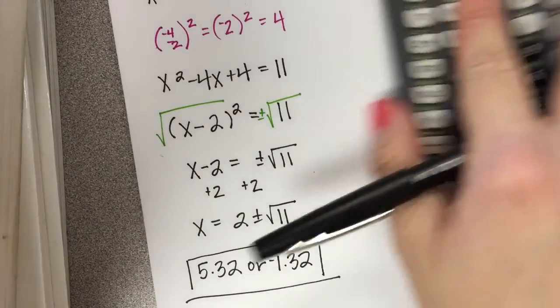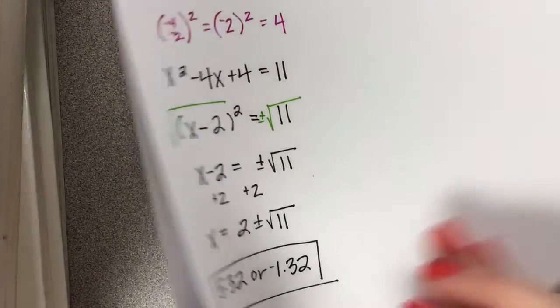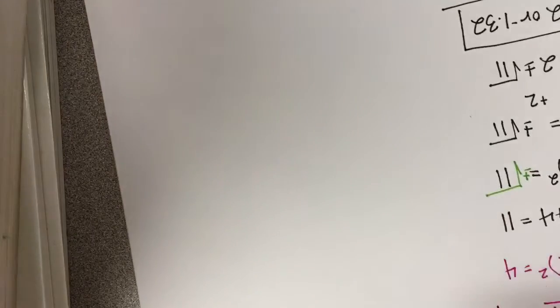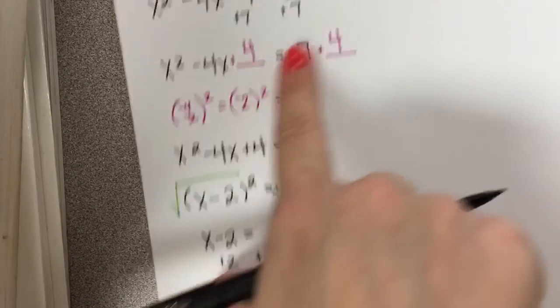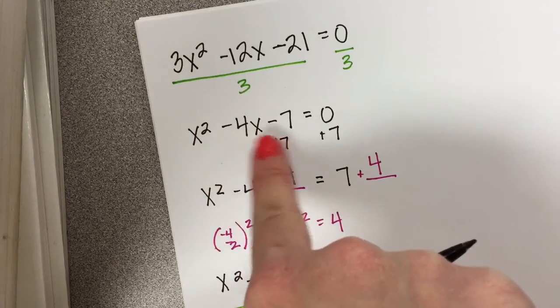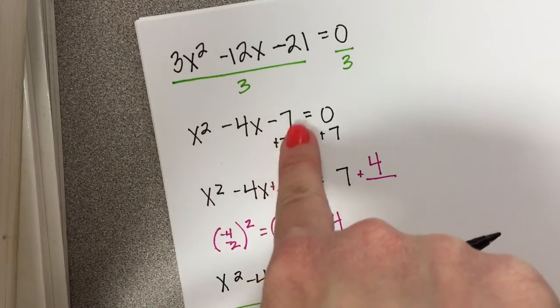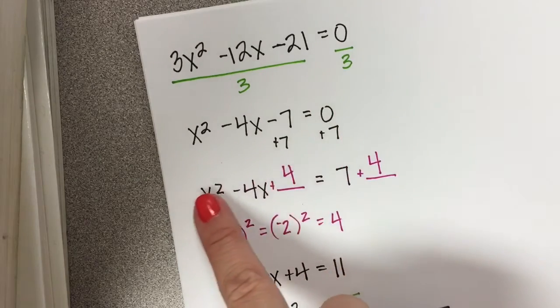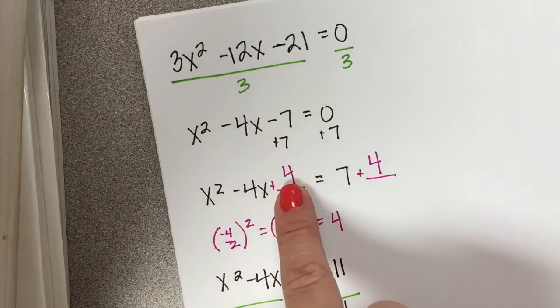Okay, so hopefully that cleared up any confusion, or maybe you just needed to see the process one more time. So remember what we're doing is making sure that you have x squared at the beginning. Then we want to move the C term, if there is one, to the right side, because we want to make a perfect trinomial over here.